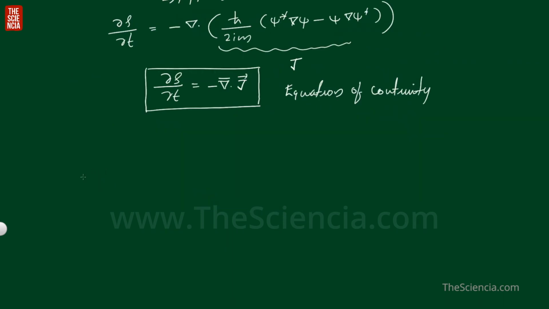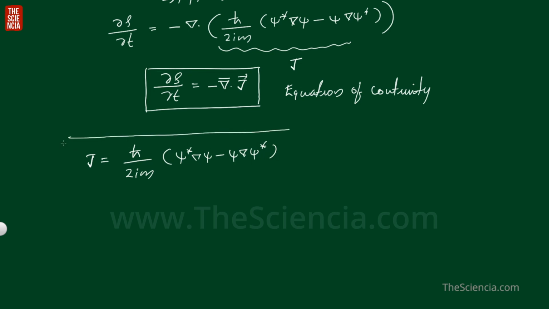So we got one of the equations for current density, that is J is equal to ħ by 2im psi star del psi minus psi del psi star. This is the first expression for current density. There is some other expression for current density. That is why I am calling this expression A.